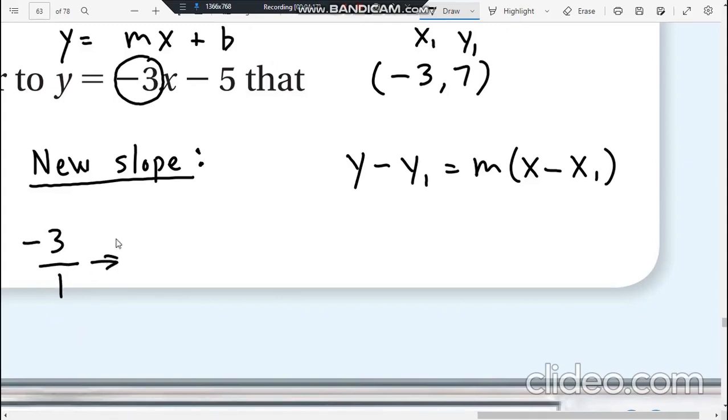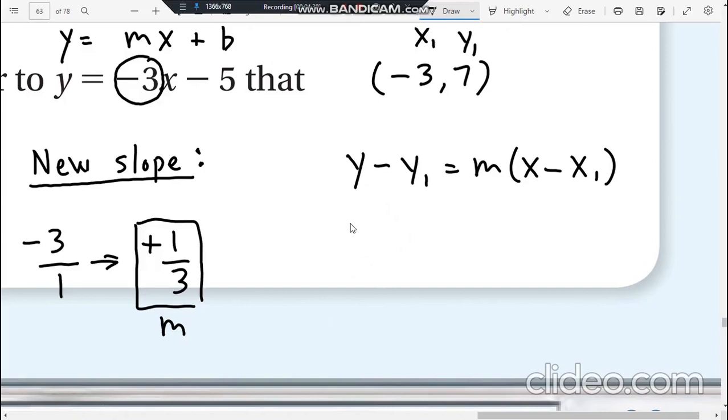And there's 2 steps to finding the perpendicular slope. You want to flip it, so that's going to be negative 1/3, and then change the plus minus sign, so that's positive 1/3. Okay, so that right there is going to be the slope m.